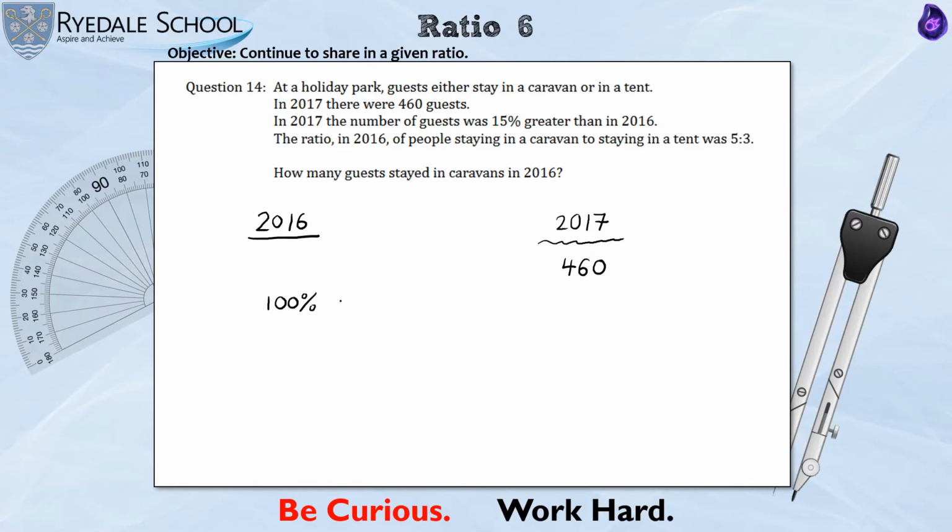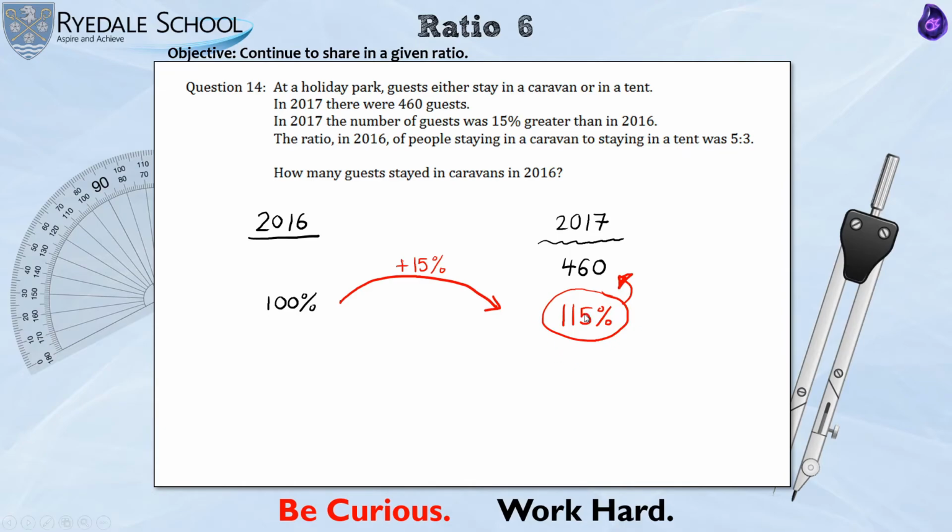So what you need to think about is, if I'm starting with whatever this number is and adding 15%, then I would get a number that is represented by 115%, because 100% plus 15% is 115%. So this number here, the 460, represents what 115% is.